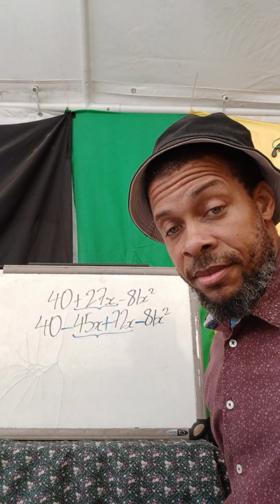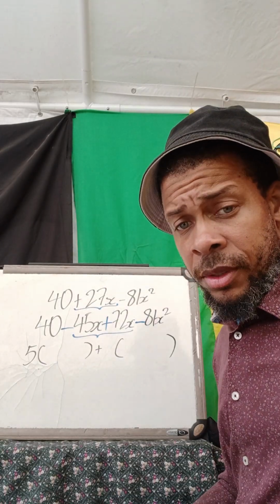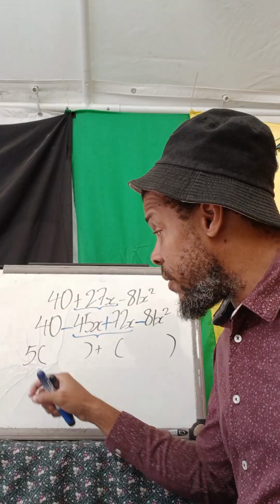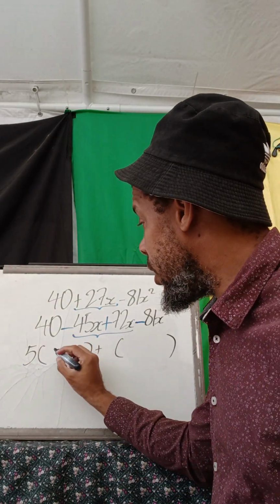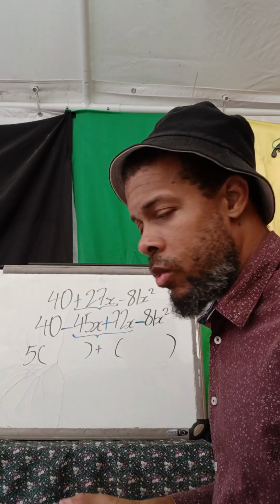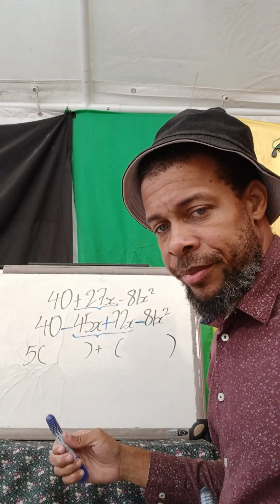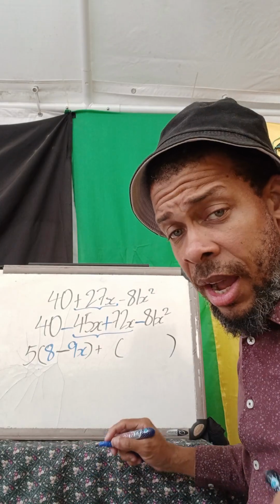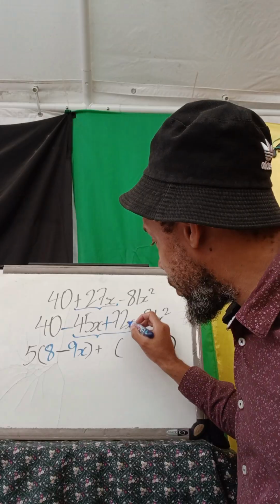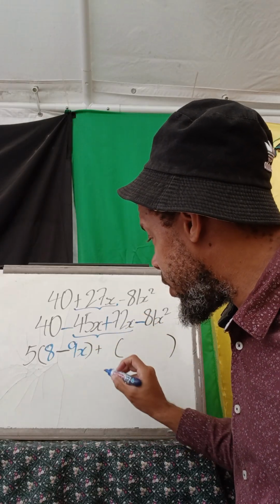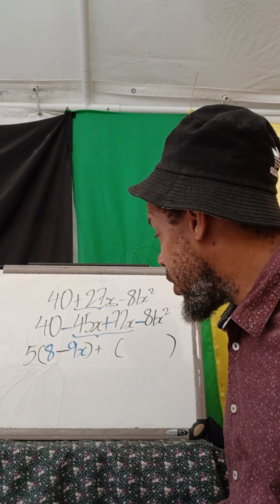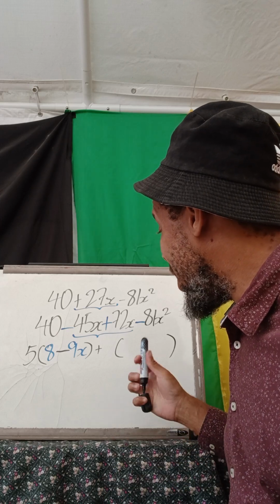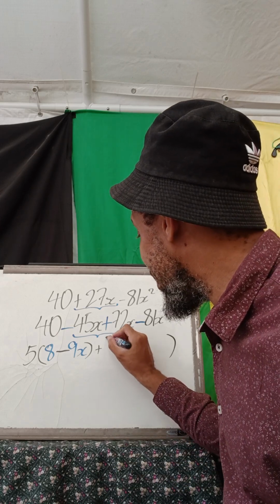And then of course, the HCF of this and that is definitely 5. Divide this by 5, divide that by 5. This will be 8. Let me put it in blue. And if you divide this by that right here, you can drop that number right here. So 72 over 8 is going to be 9, and you put an x right beside it.